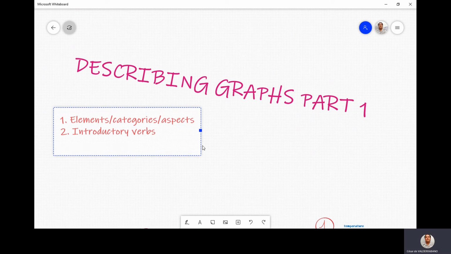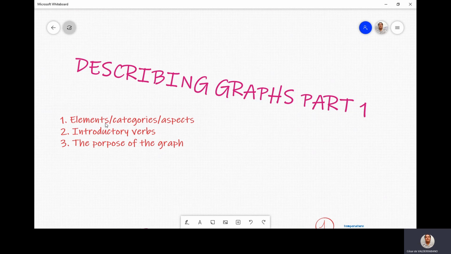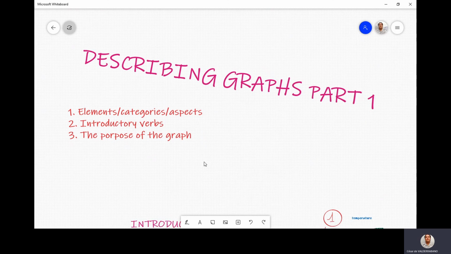And the number three, the purpose of the graph. What is the main function? Why is this graph? What is this graph made for? That is the important question. So this is the graph number one.